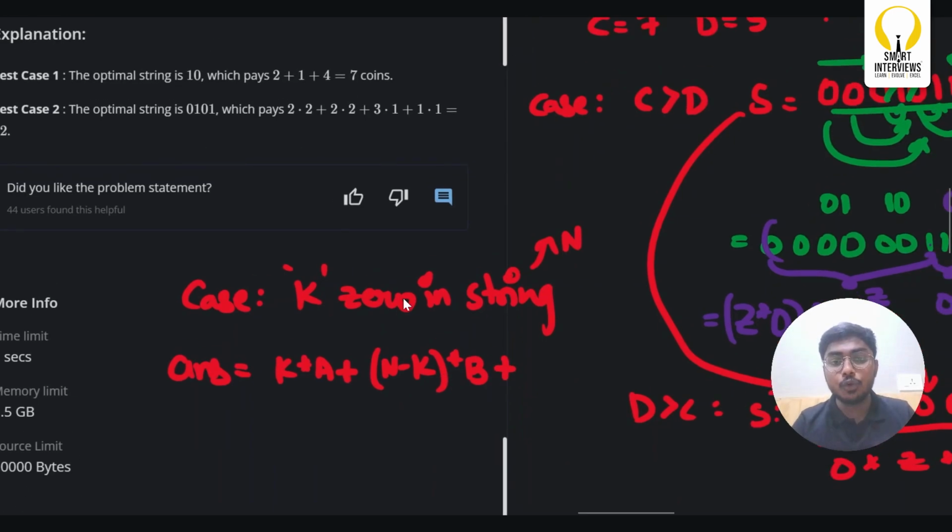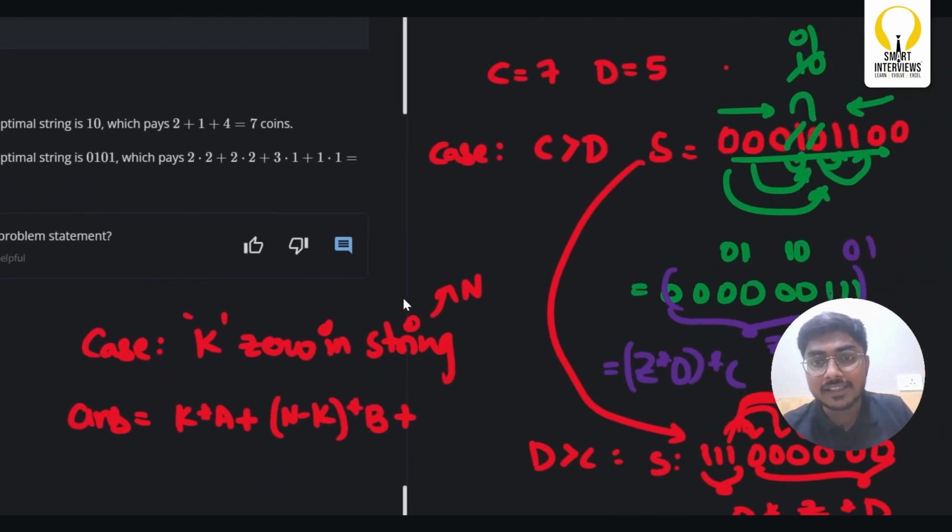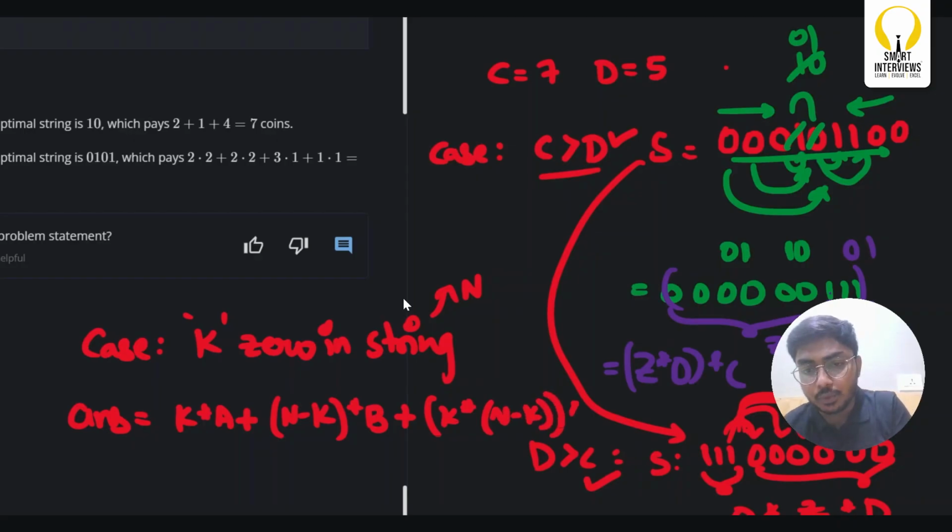Now you are having two options: either C is greater than D, or D is greater than C. When C is greater than D, can I say that you will be getting the number of coins as k into n minus k, like number of zeros into number of ones, into C here. This can be one of the possibilities.